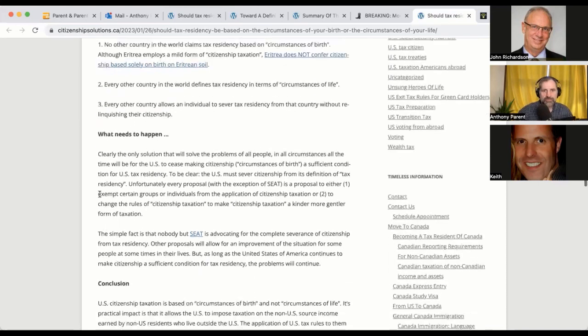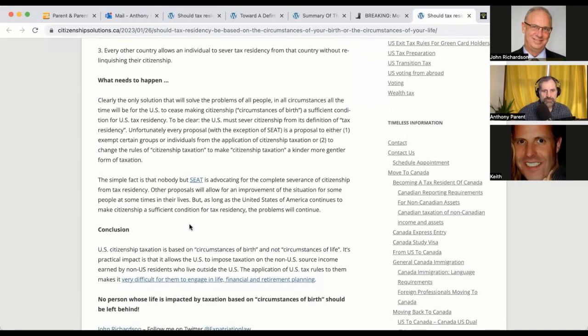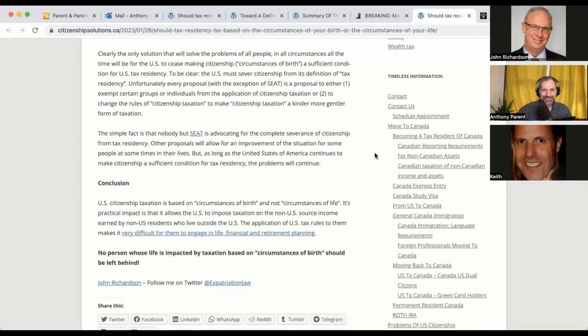The first reason, I think, is that there's a huge amount of confusion between territorial taxation and citizenship taxation. For example, one group would say the definition of residency-based taxation is that non-U.S. source income is not taxed. Actually, that's territorial taxation, not residency-based. But that's not so much the point here.